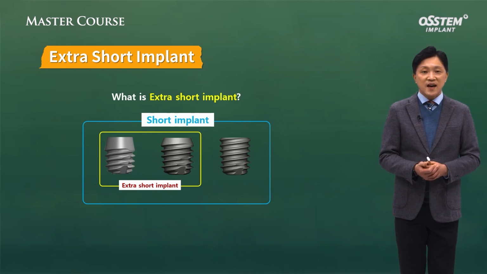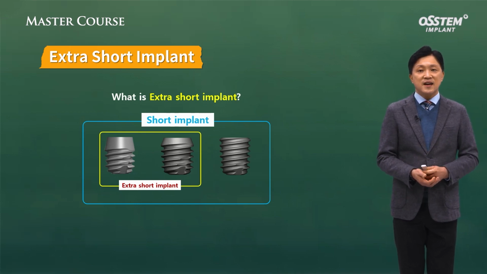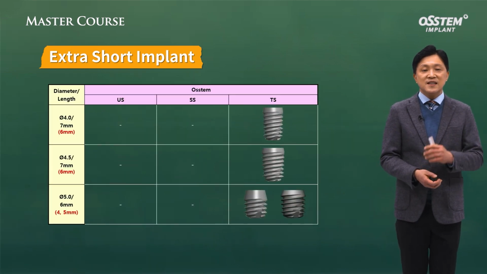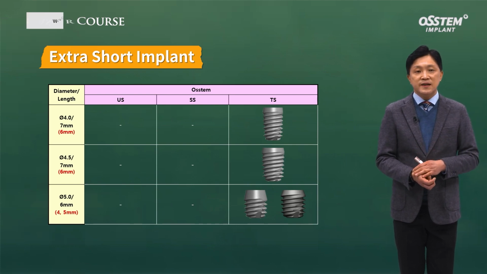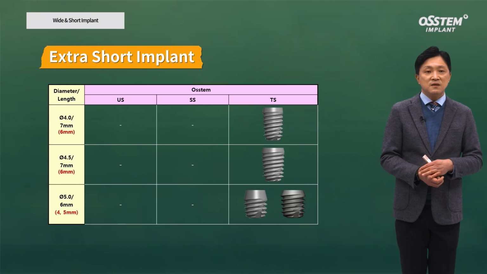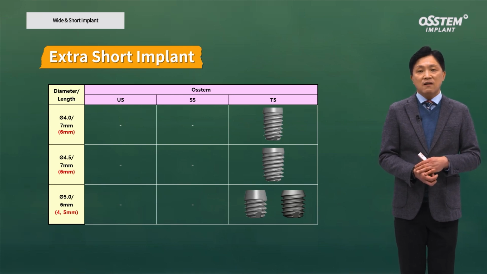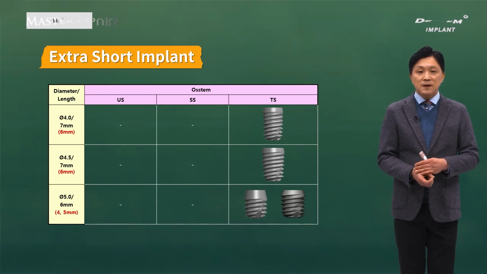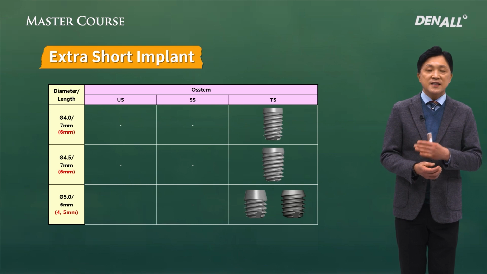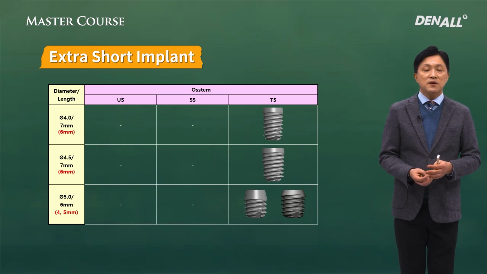Then how do we use that? Extra short implants have bevels, and in the case of extra short implants, they are only available in diameters of 4.5 or 4. The collar has about 1 or 2 millimeters, and it only goes up to 6 millimeters, and also 5 by 6. For the bevel, you have 1.2 and 2.1 bevels.